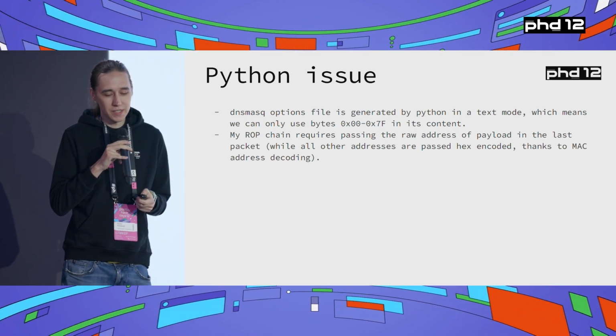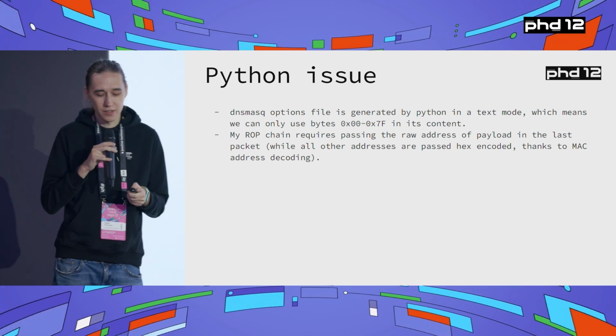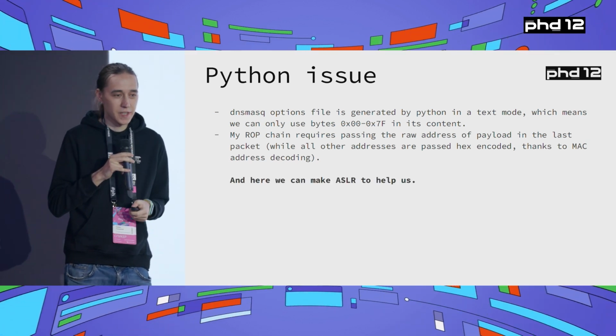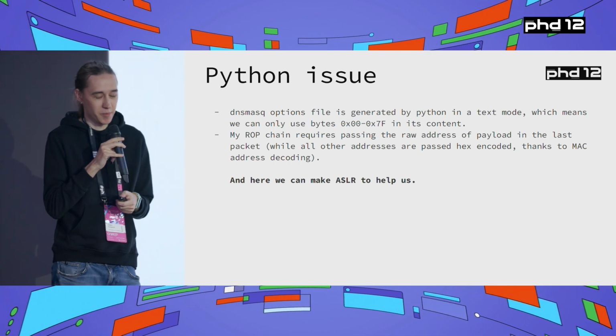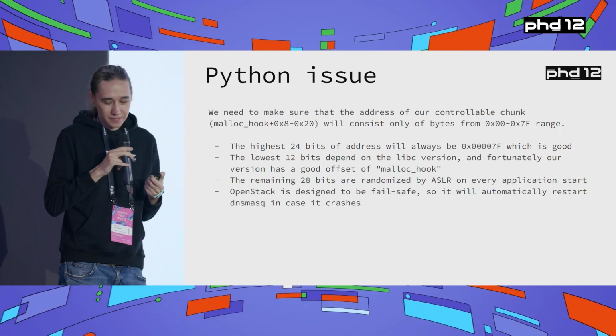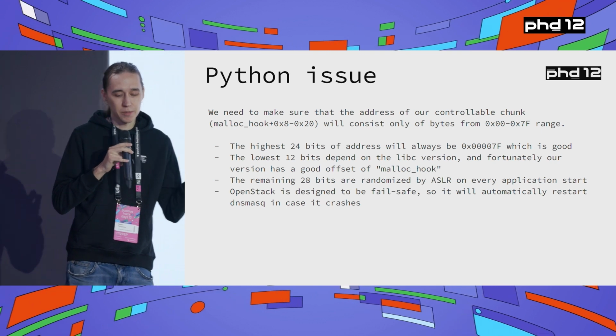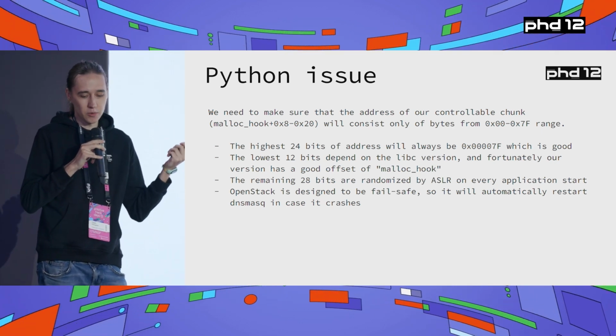It's a technical issue. It can be addressed. And then I decided, well, maybe ASLR can help me. ASLR often stands in the way. How about making it work for us for a change?